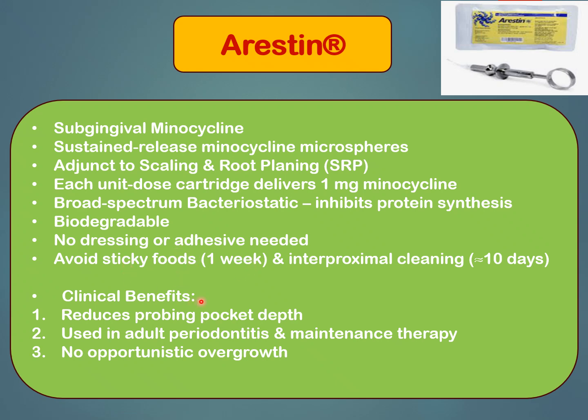For the first week, sticky food must be avoided, and for 10 days there should be no interproximal cleaning. The main clinical benefits of using Arestin include that it reduces probing pocket depth and it can be used as maintenance therapy in adult periodontitis. And also, with its use, there is no opportunistic overgrowth of bacteria.